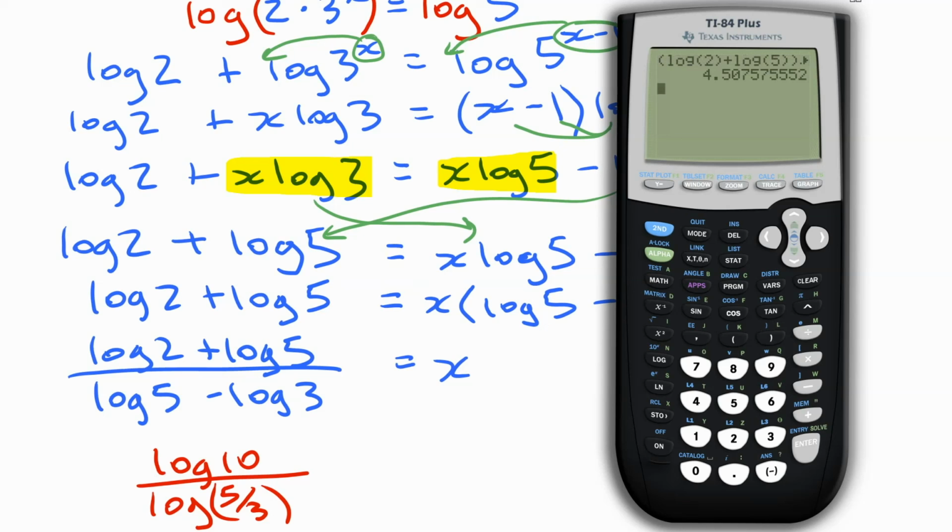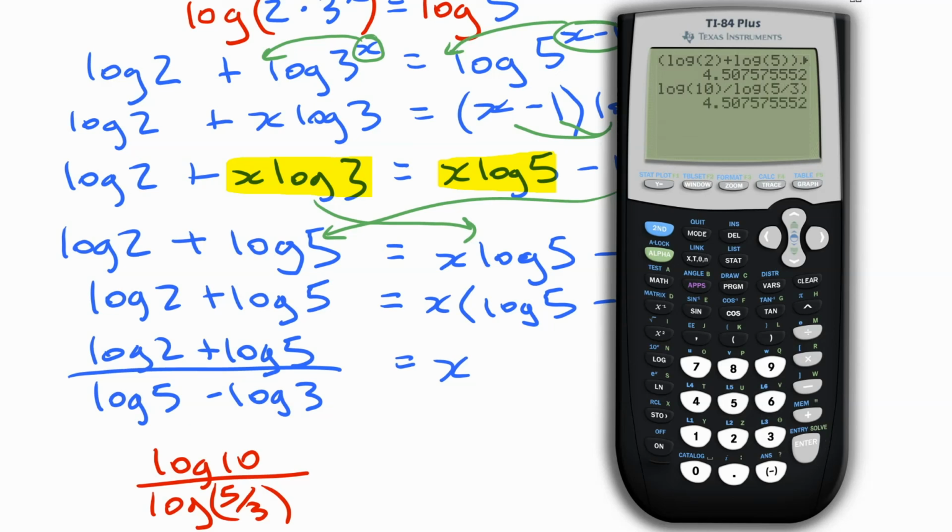Now, as I said, we could have just worked it out as the simpler version there, log of 10. Log of 10 is actually 1, so if you wanted to, you could even simplify the log 10, and then divide by log of 5 divided by 3. That should give you the same thing there because it's just a single term.